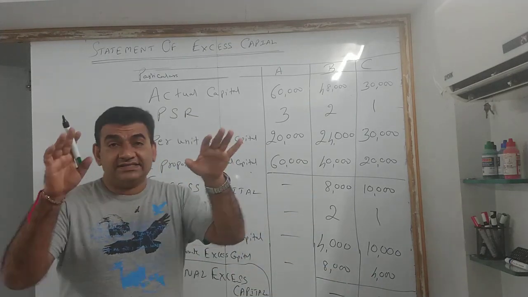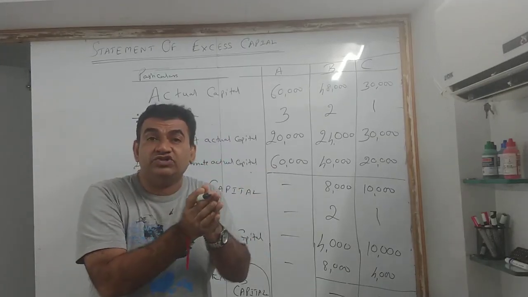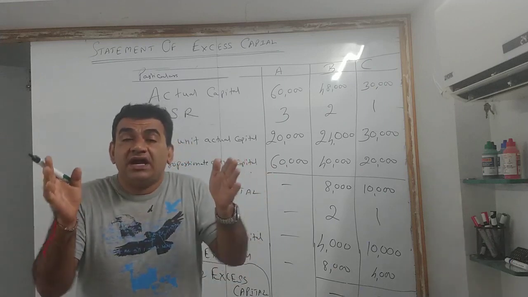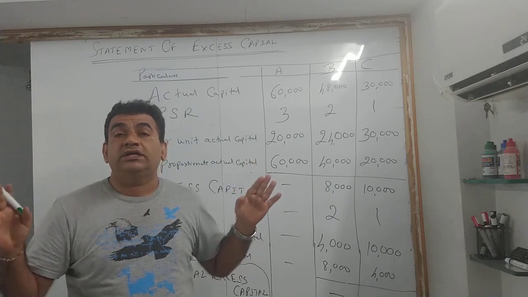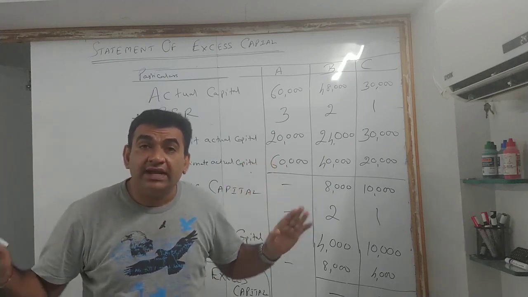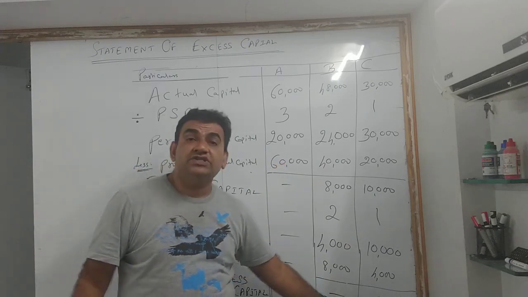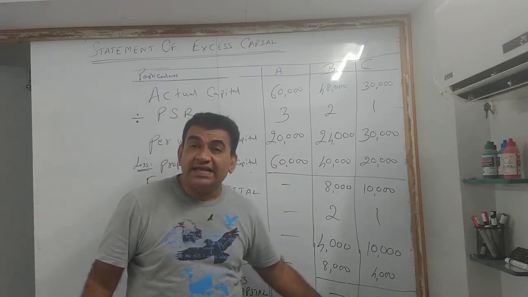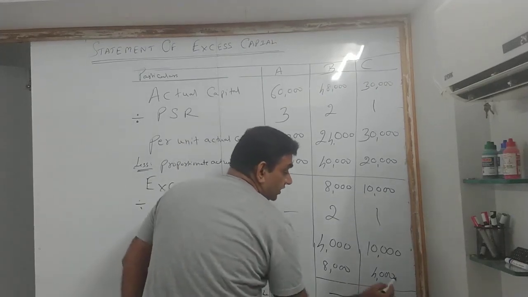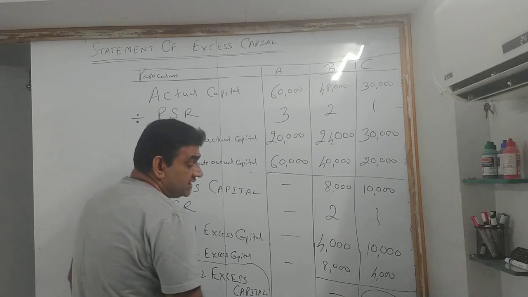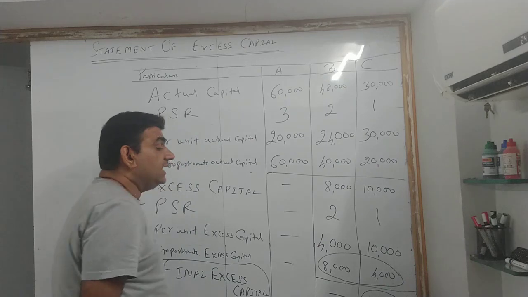This statement of excess capital is prepared so that after paying the outsiders, when you start paying the partners, you know what order is to be followed. So first I get a balance of 6,000. So I pay 6,000 to C. So this will be my first order, to pay 6,000 to C. After that I will pay B and C 8 and 4.